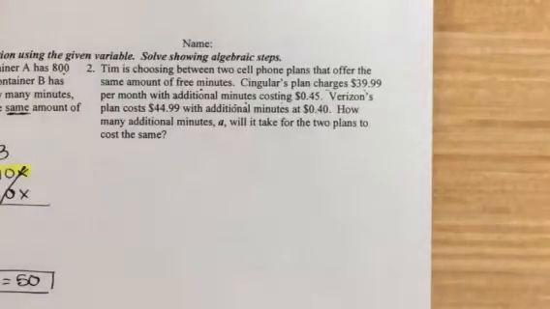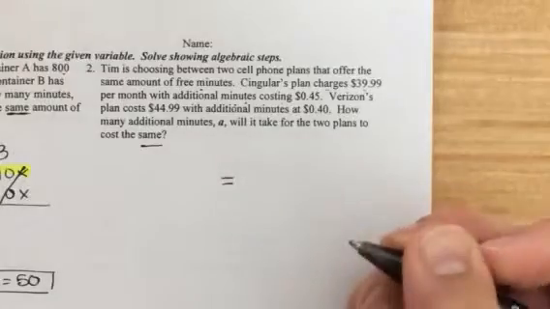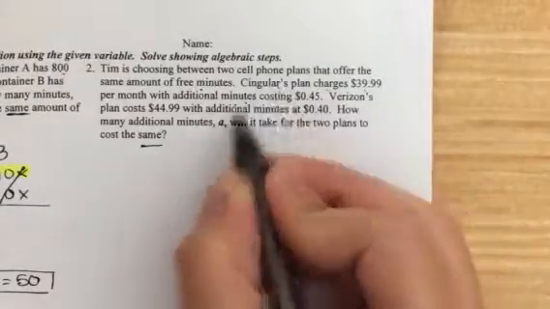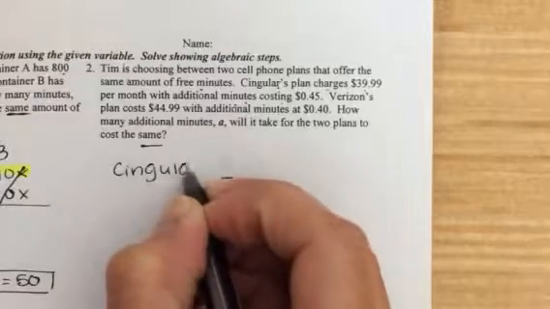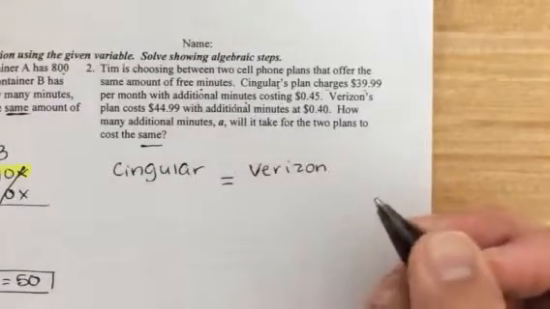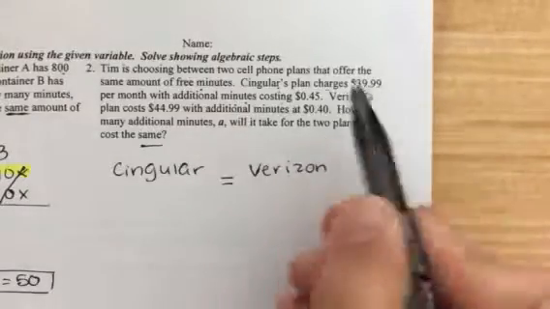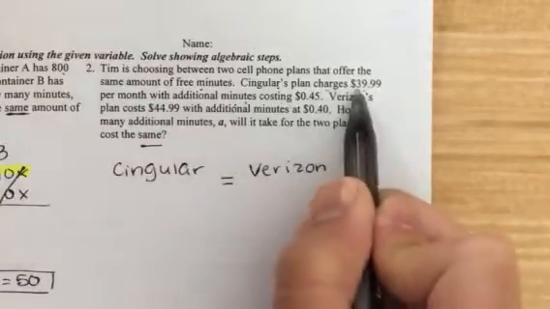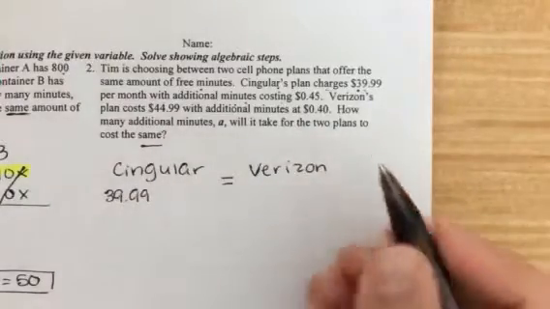So again, I see the word same over here. So I know that I'm going to have an equation. I'm comparing Singular and Verizon. So let's go ahead and label our two columns. Now we want to know for 1 month. So the 1 month happens once. So the $39.99 happens once.